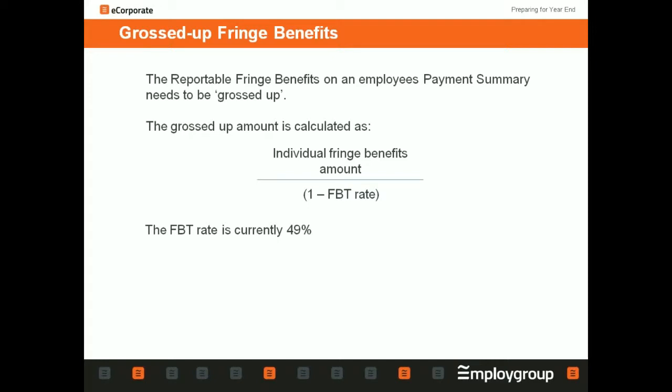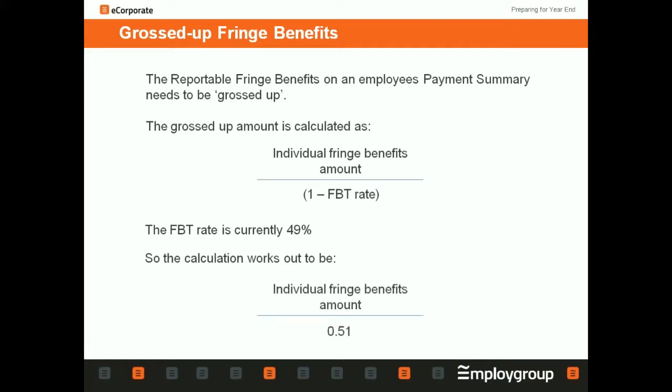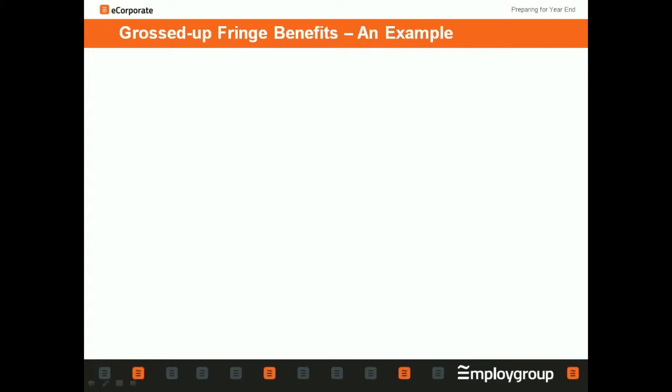For the 1 April 2017 to 31 March 2018 FBT year, that rate goes back down to 47%. But for this year being 49%, the calculation works out to be the individual's fringe benefit amount divided by 1 minus 49%, which is 0.51.